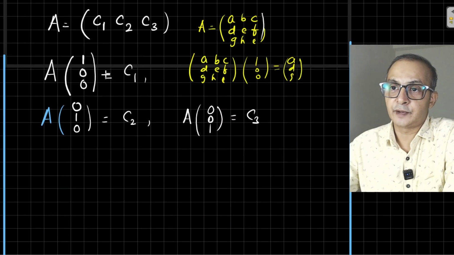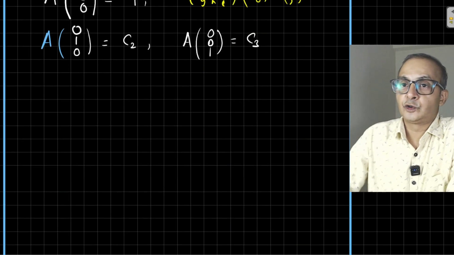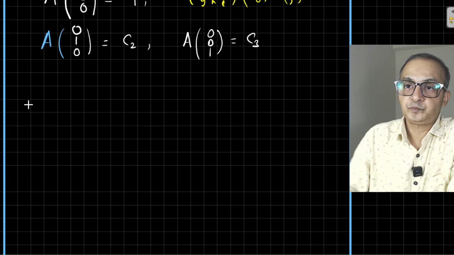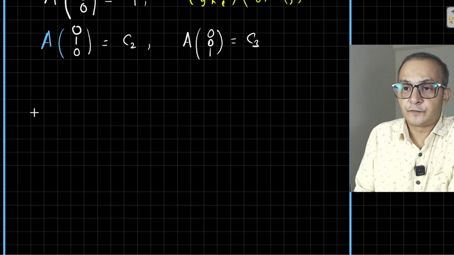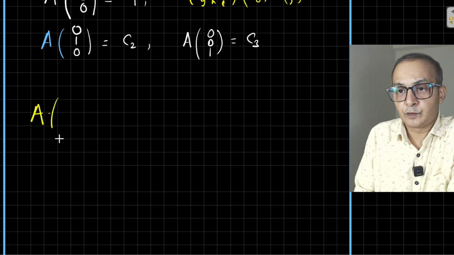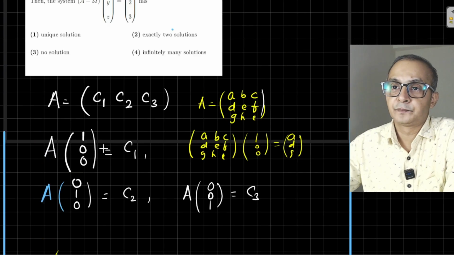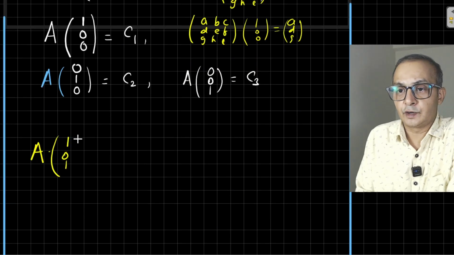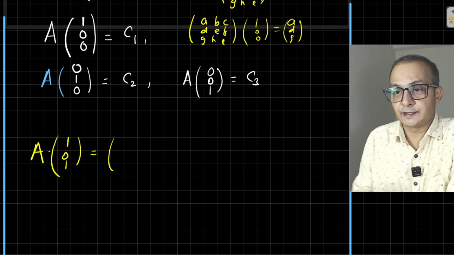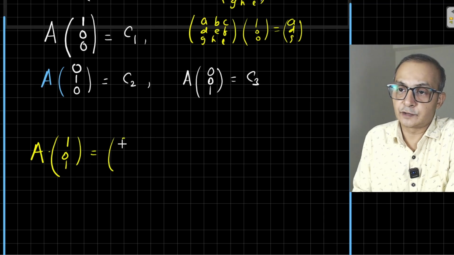How we can apply it, you can see. You notice that the first equation is A times (1, 0, 1), and the right hand side is given as 2 times (1, 0, 1), so that gives 2, 0, 2.